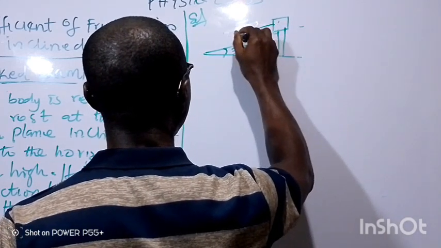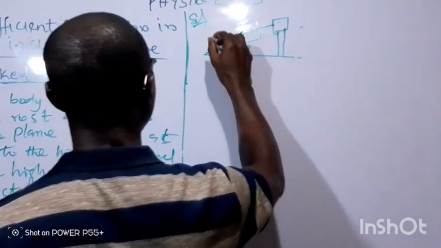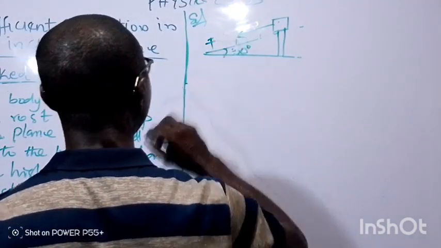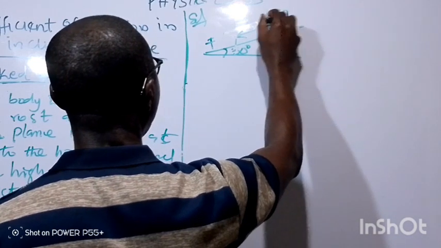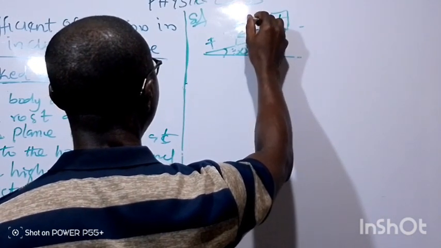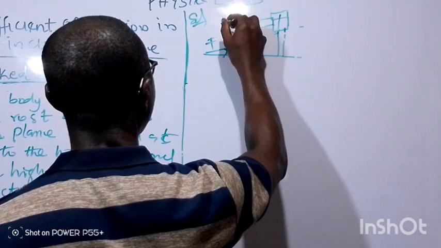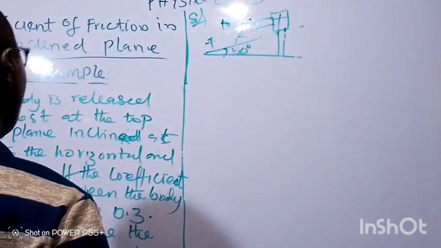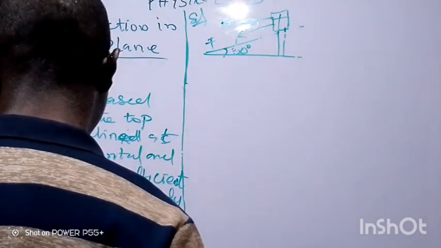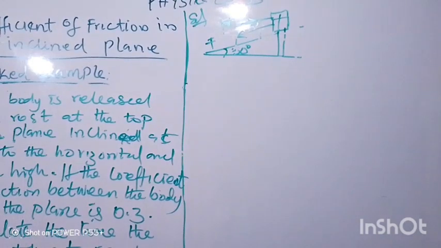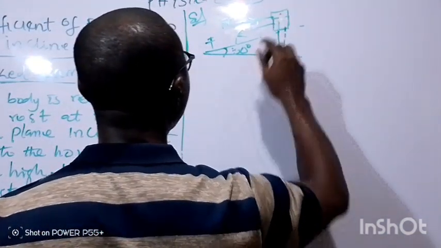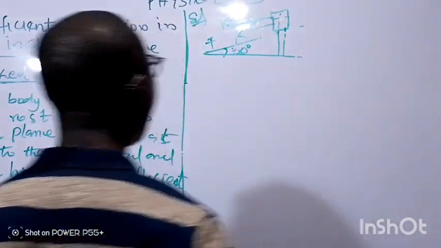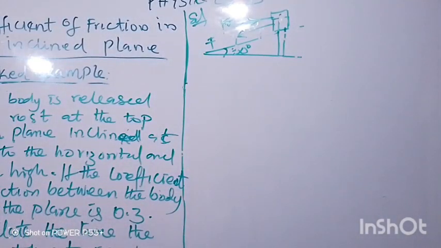So you have our F, and since it is being released from the top of the plane, then the frictional force will act in this direction, Fr, and the mass of the body is not given.